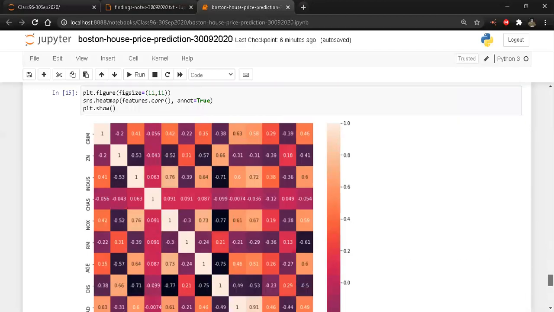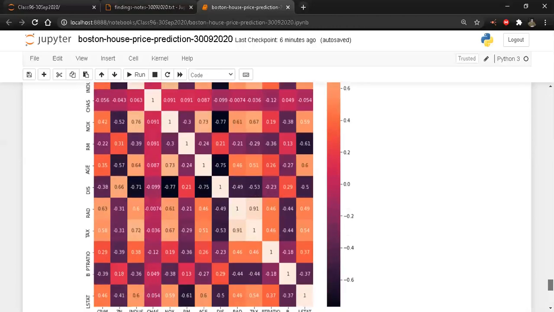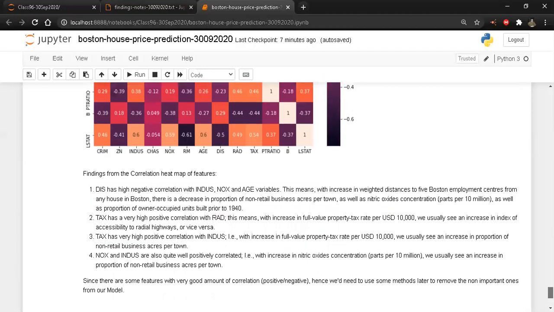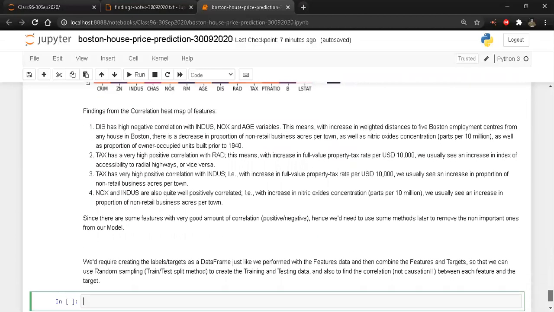As we discussed, I had requested everyone to write down their findings in the notebook. I'm not sure how many of us have actually done that, but I have written my findings. What I have found is that the feature DIS has a very high negative correlation with Indus, NOx, and Age, which means that with an increase in the weighted distances to 5 Boston employment centers from any house in Boston, there is a decrease in the proportion of non-retail business acres per town.